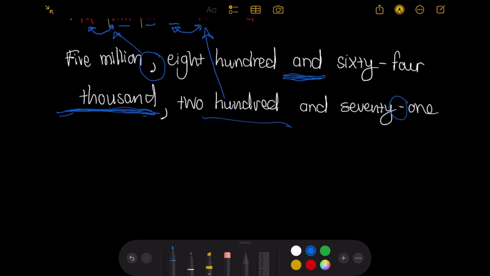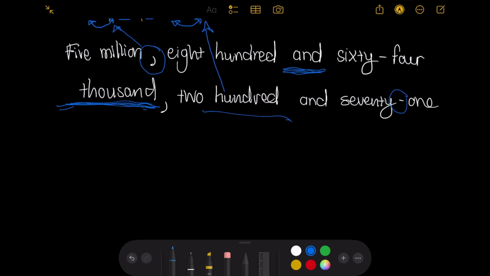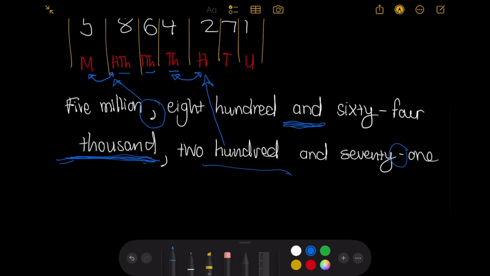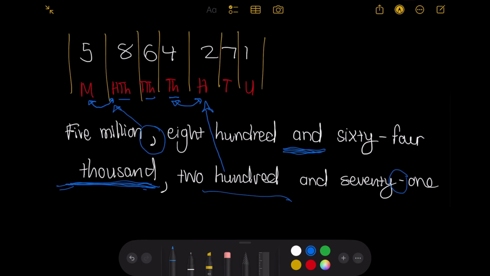Yes. So that's really, really important, right? Whenever you have values within these hundreds, tens, and units, you would always use the "and", provided that there are no zeros.